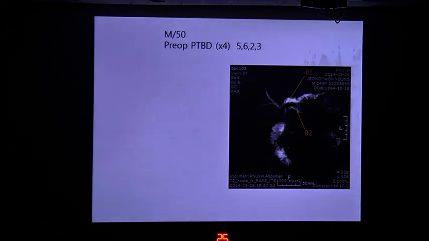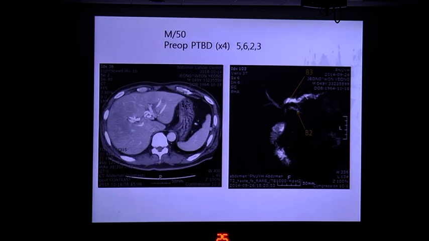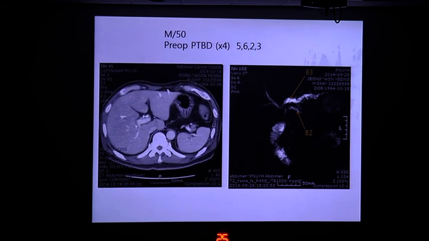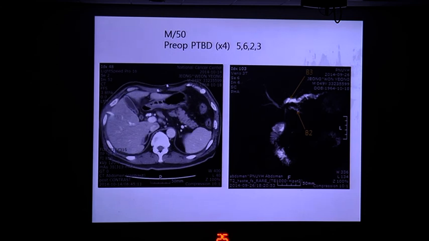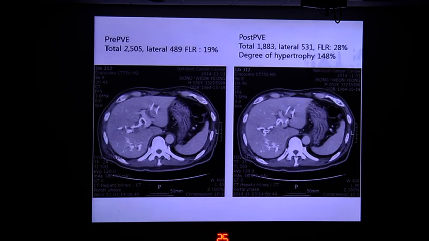I will show you one case. This patient, 50-year-old male. We did PTBD because his bilirubin was so high and the decreasing rate was so slow. You can see that this patient is type 4 because B2 and B3 were separated. So our plan was a resection like this, like trisectionectomy, and if we do, we can get the resection margin clearly.